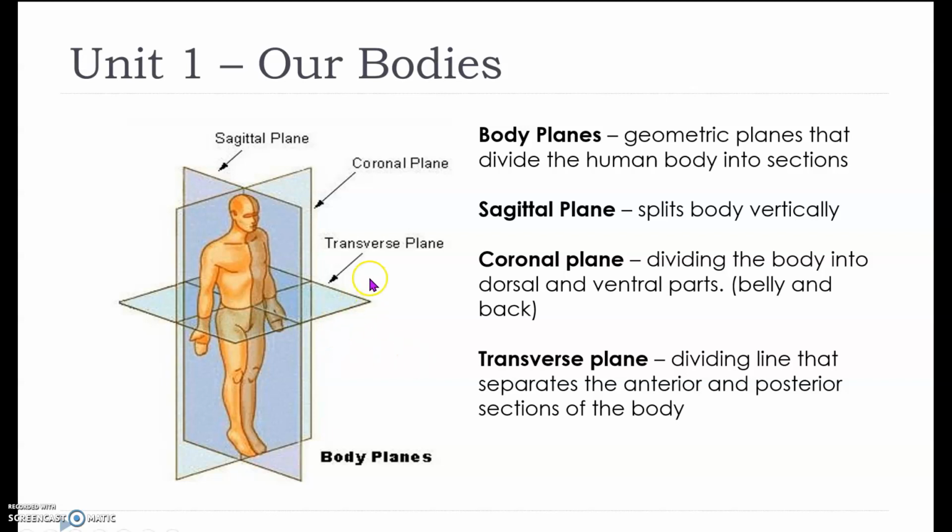As we can see on the picture model, transverse plane is this imaginary line right here. So it divides and separates anterior and posterior section of the body. This line right here, that is transverse plane.